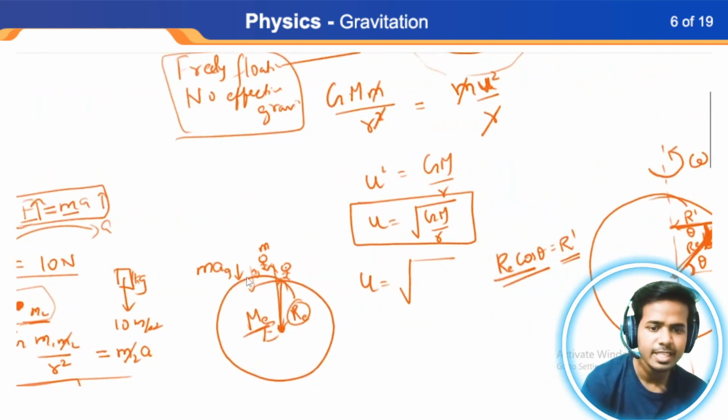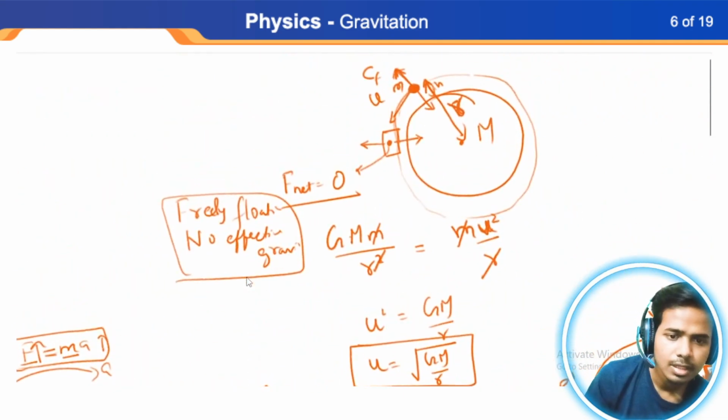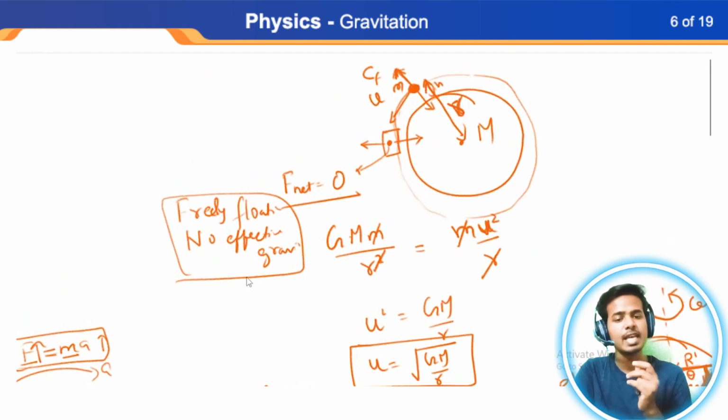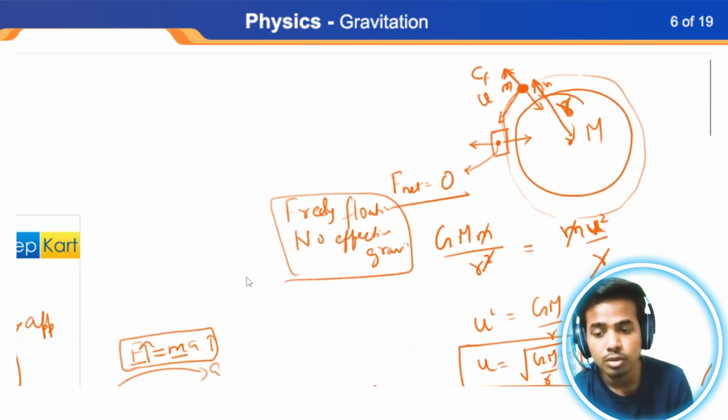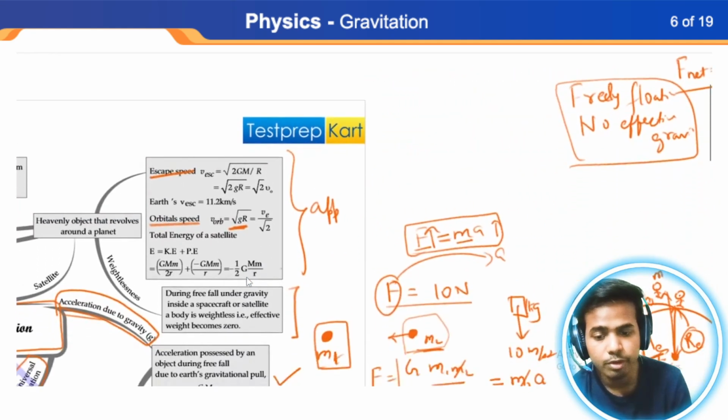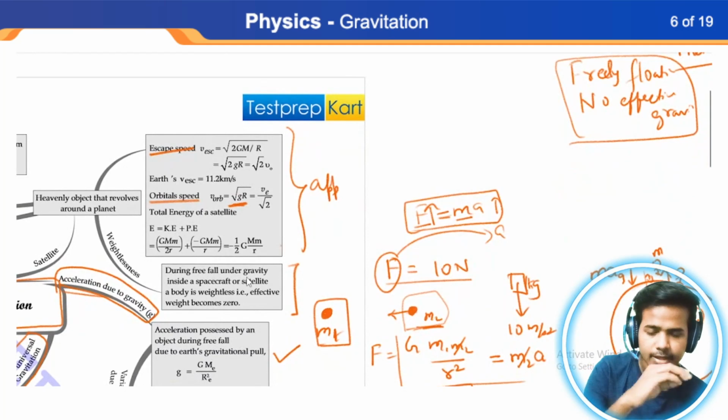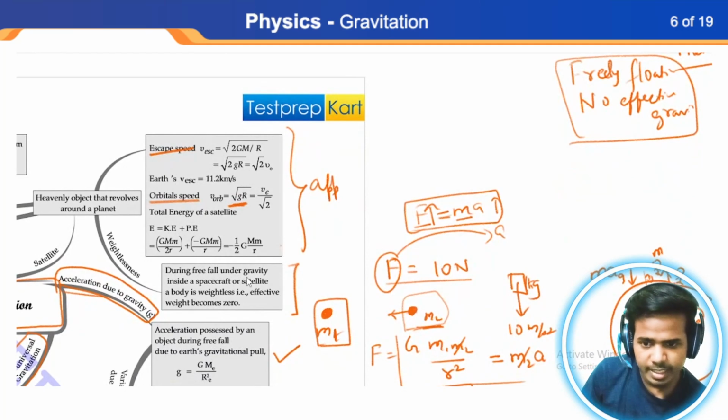Orbital speed, I already explained to you how to find it. In this type of problem, you always have to make a diagram like this, and the best way is to calculate the forces. That way, even if you don't remember it in the exam, you will be able to figure it out. Let's take an example of escape velocity.